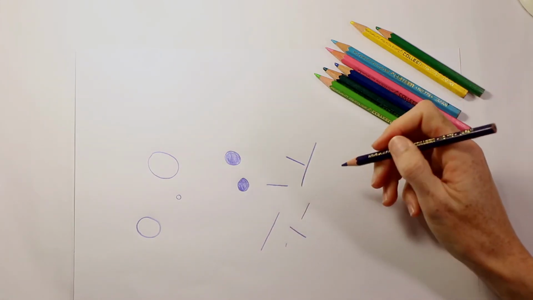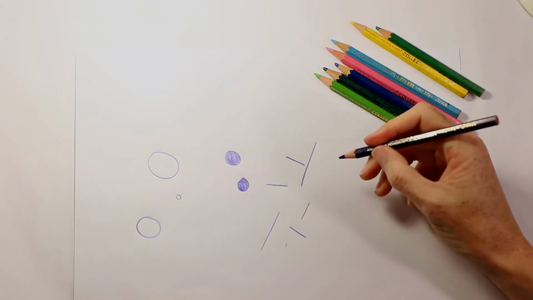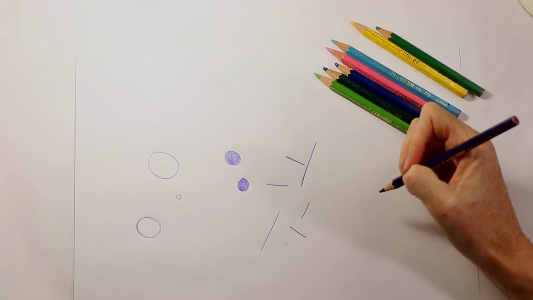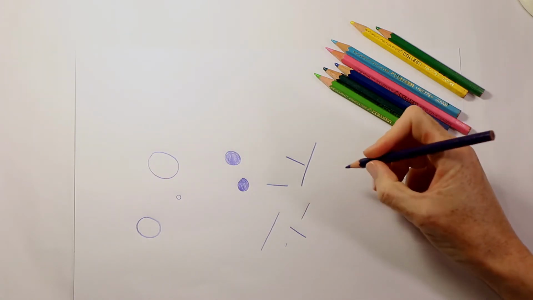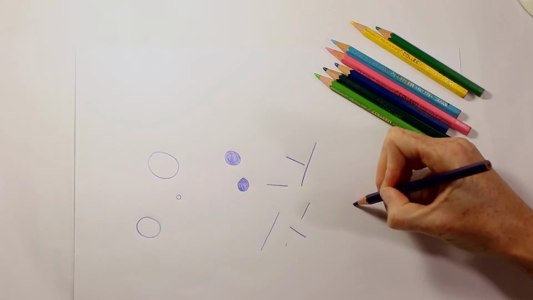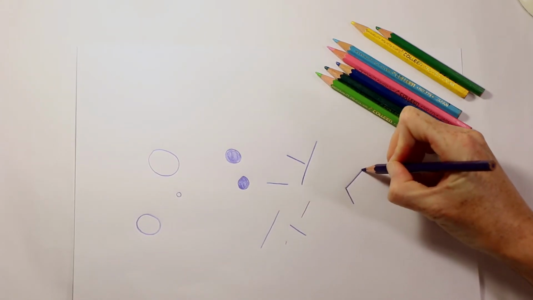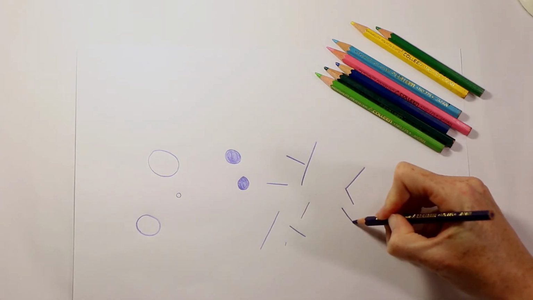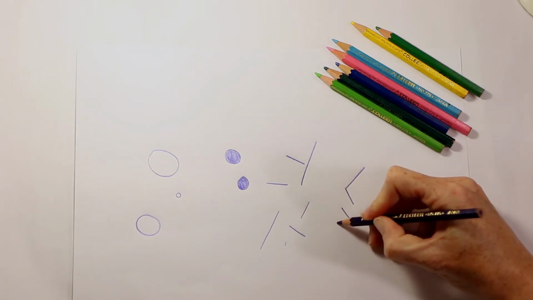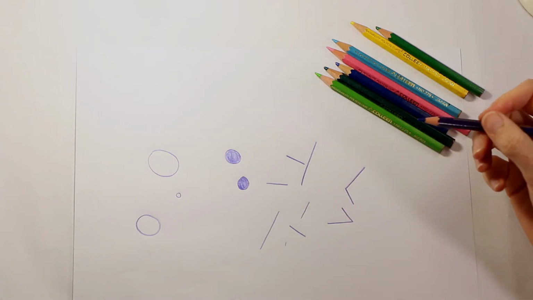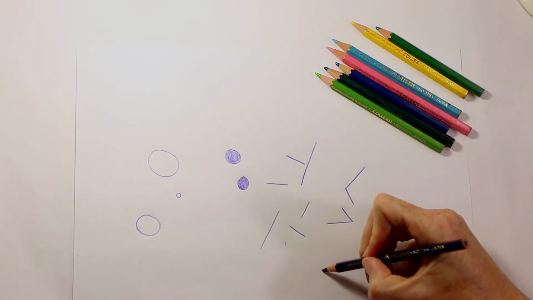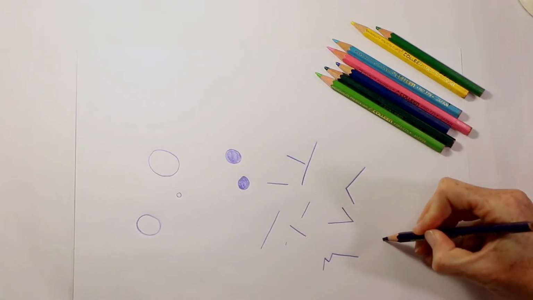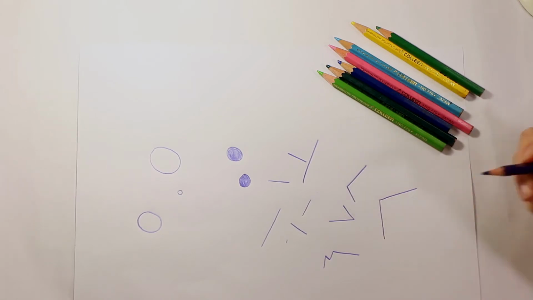The next element of shape is almost a combination of a straight line going at a different angle to what it began. Yes, an angular line. An angular line is quite fun. You can start it in one direction and send it off in a completely different direction. You can also make the angles quite small, or the angles can be large.